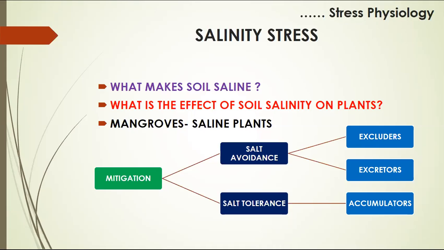So long-term adaptive strategy for survival, pneumatophores, and vivipary mode of growth, seed germination followed by growth, is what makes them unique and surviving plants in saline environment. Many of the mangroves can go up to the level of 300 millimolars of sodium chloride and still manage to grow.